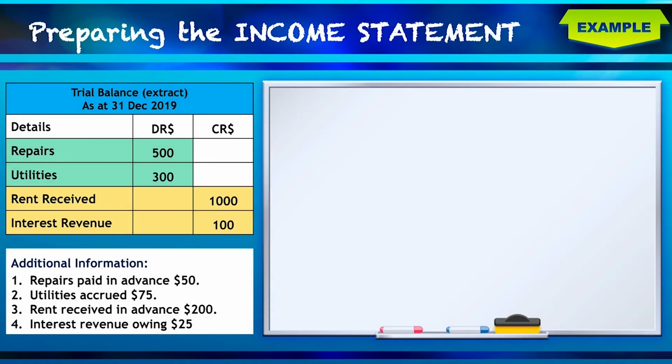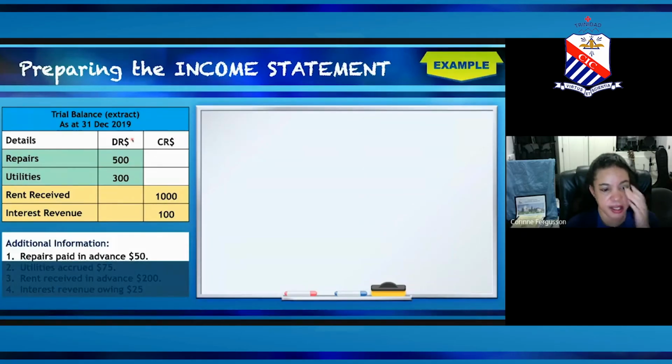So we're going to do very quickly, and we're going to take the first additional information, which would be repairs paid in advance. So the first thing you will do is identify whether this is an accrual or prepayment. Very easy. Paid in advance is another way of saying it's a prepayment.